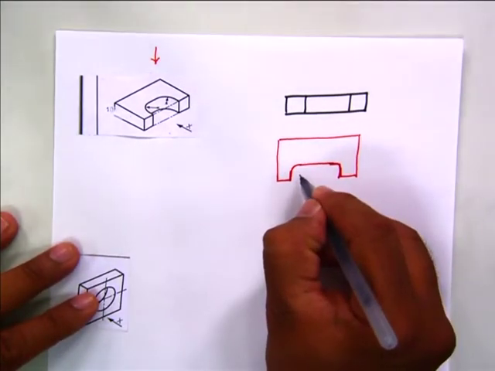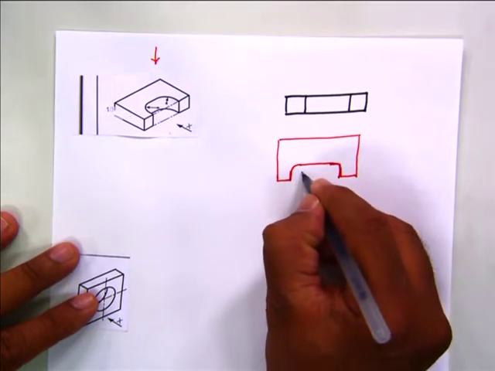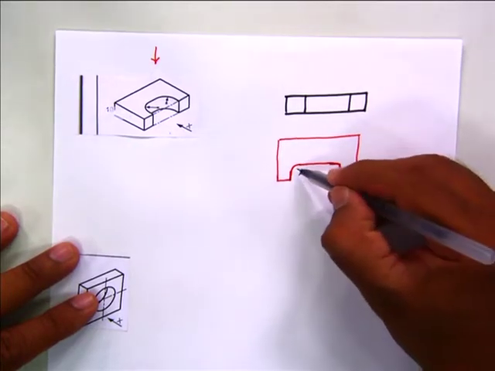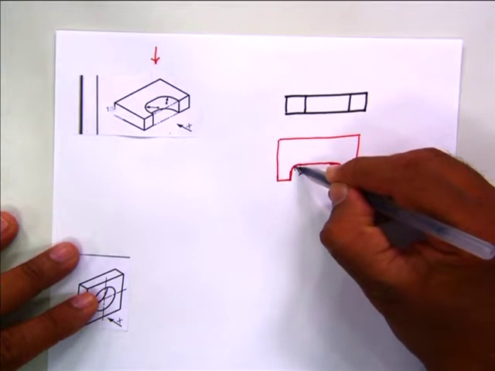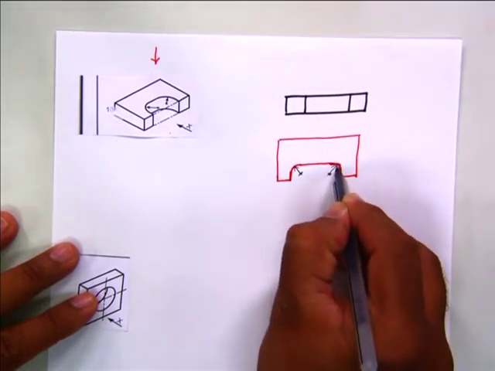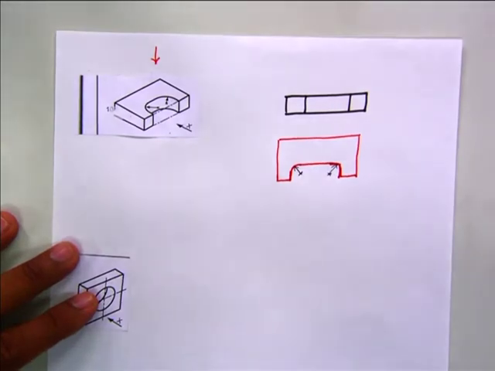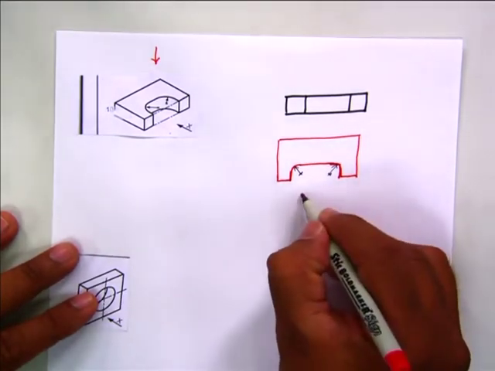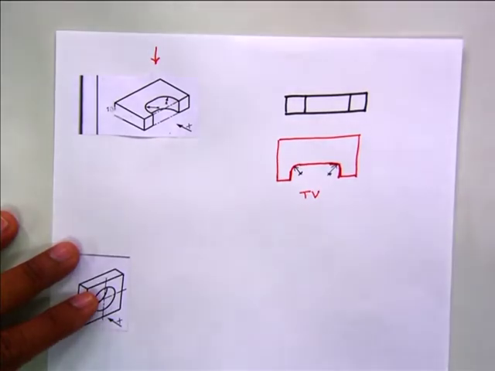This is the point from where you can draw the arc. This is your top view.